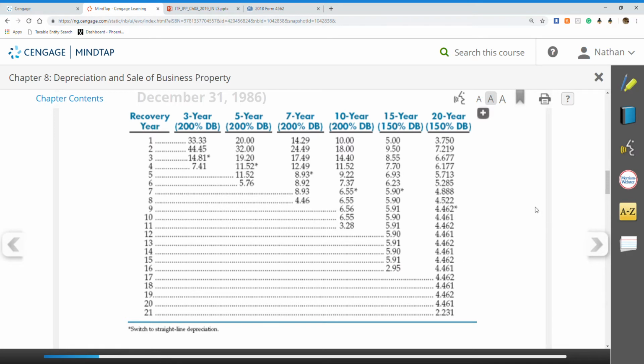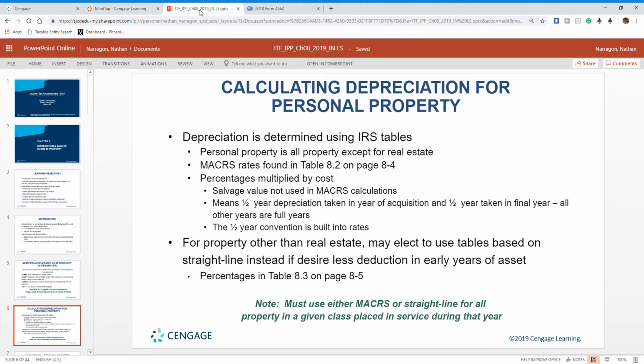So if it says, what is the depreciation of a 13,000 asset that depreciates in 15 years on year 10? Well, I'll go to this chart, find year 10, 5.90 times 13,000, and there's my depreciation for year 10. We use these charts a lot in Excel for the pure fact that we can basically estimate your depreciation as it goes to either something good or something bad.